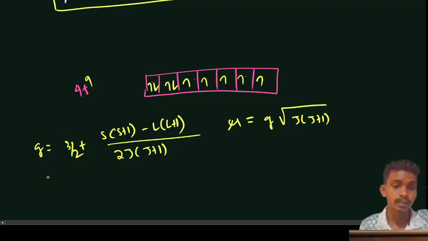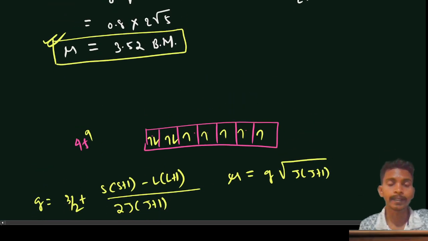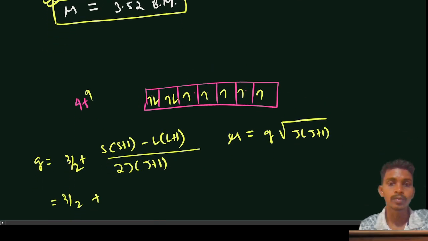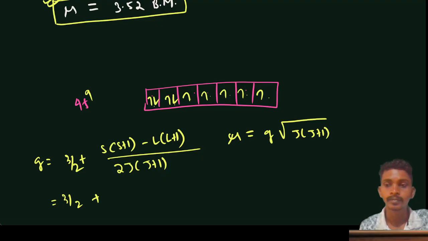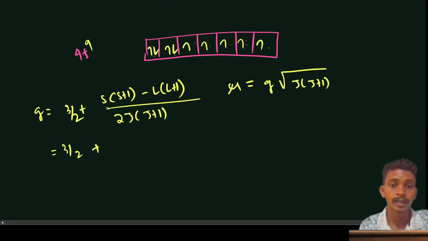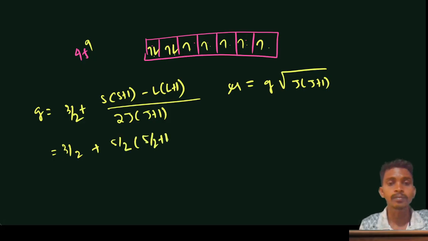Here we can calculate the g value, that is 3 upon 2 plus S. Here we have S values, which are the single unpaired electrons only, so 1 2 3 4 5. That is 5 multiplied by half, that is 5 upon 2, and this is 5 upon 2 plus 1 minus L.